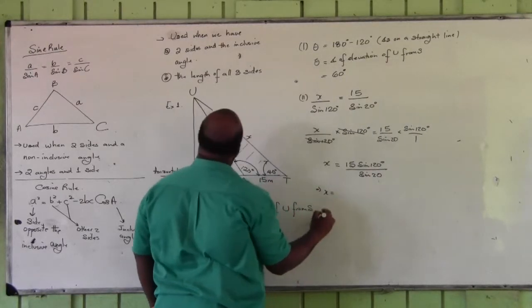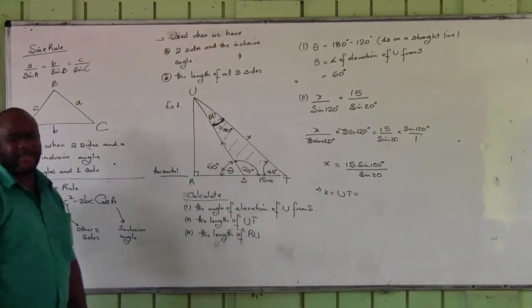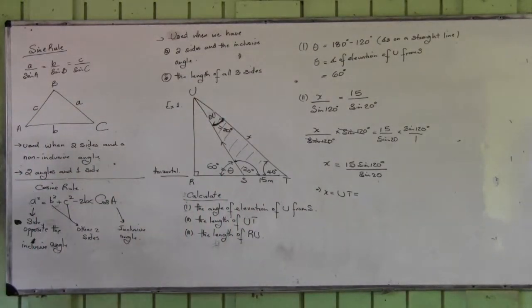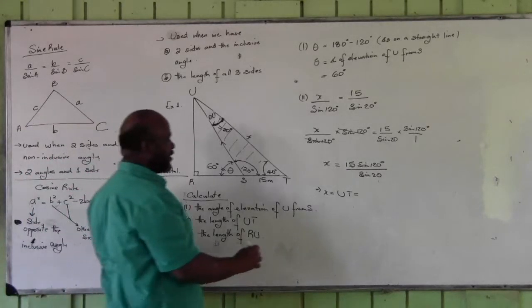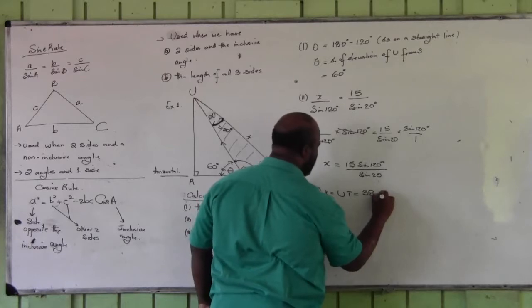Therefore, x, which is UT, is equal to, use your calculator, 15 times the sine of 120 over the sine of 20, press equal. 37 point 9, so it's approximately 38. This is approximately 38 meters.